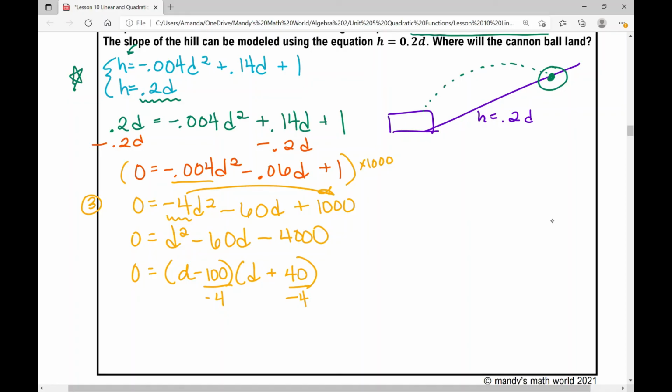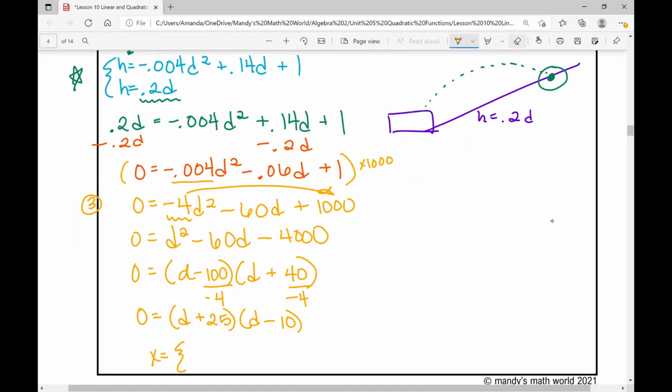So my factors are actually 0 equals d plus 25 times d minus 10. When I solve for these solutions, I set each factor equal to 0. I keep writing x equals, but it's d equals, because I'm used to working with x and y. So d equals negative 25 and positive 10.